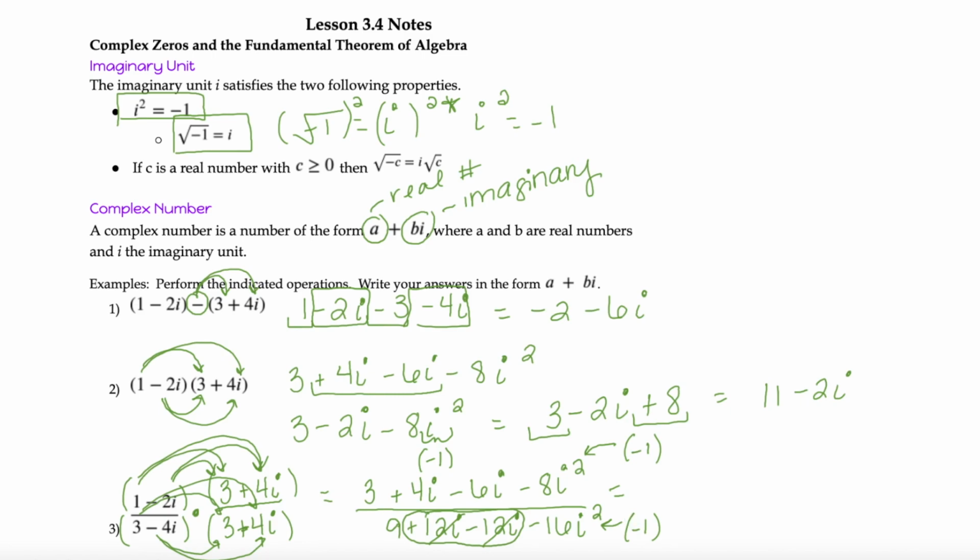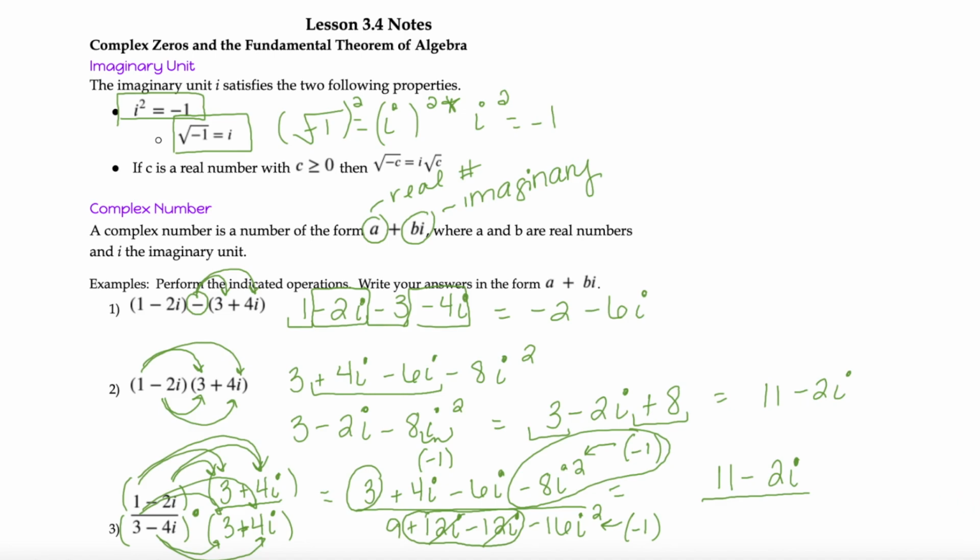Therefore, in the numerator, since negative 8 times negative 1 is positive 8, we will have 11 minus 2i all over. Here our i's were eliminated in the denominator because of a zero pair.